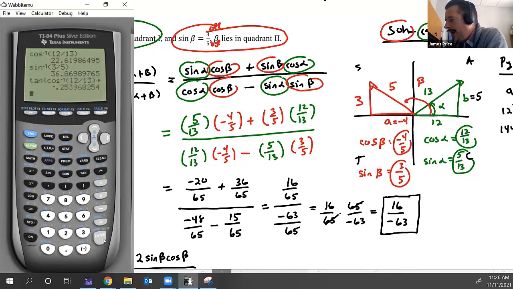Then hit enter, and that's what I get out. And so I'm hoping, otherwise I have to go back and find my mistake, that negative 16 over 63 is that answer.